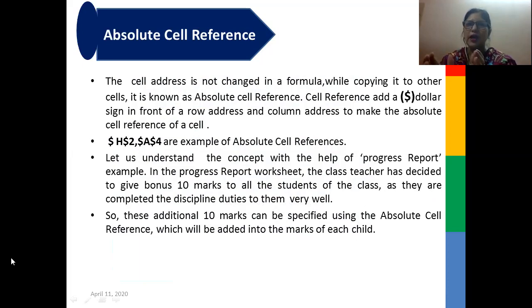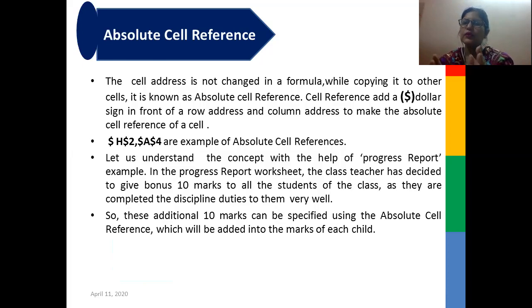What is absolute cell reference? You use copy and paste, the cell address is not changed. In a formula, the absolute cell address will be pasted. Add a dollar sign in front of a row address and column address.